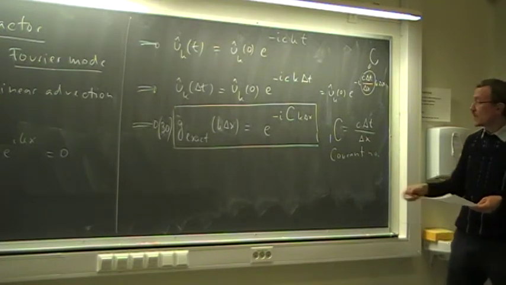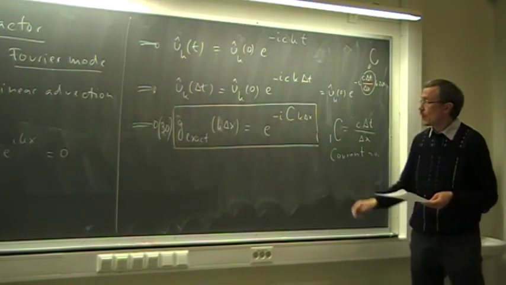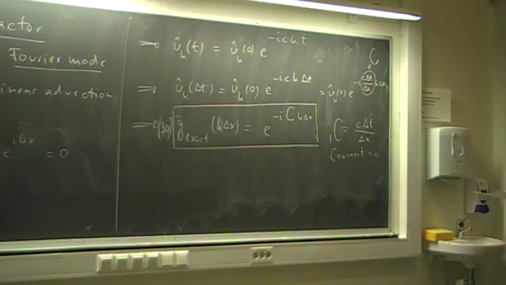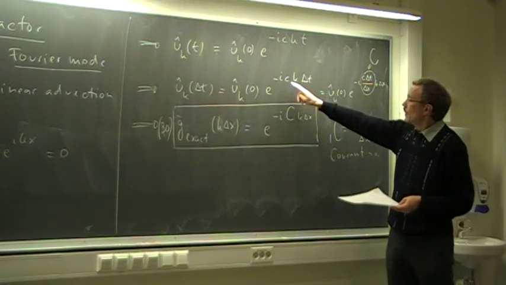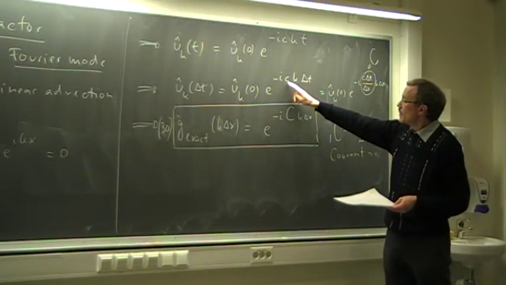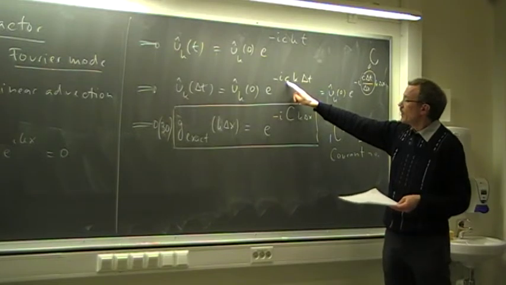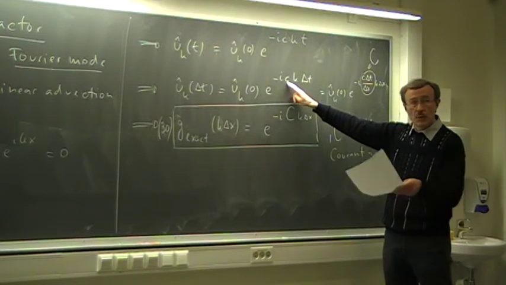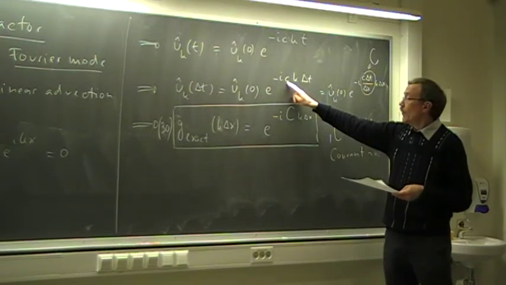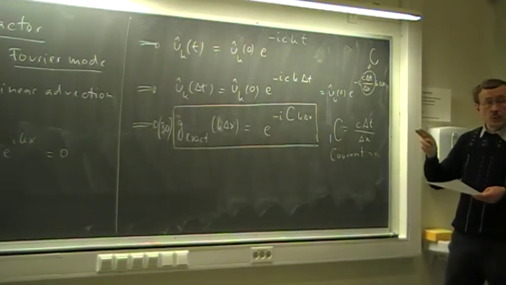And the other thing is that from this here we can see also how the propagation should be. You can see the propagation in this form here. When we have it in this form, this is the advection velocity that is coming in here. And that is then telling us about the propagation of the solution with the advection velocity c. If we have a numerical method, this will be changed.